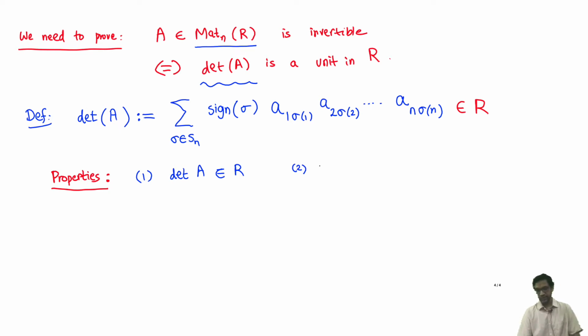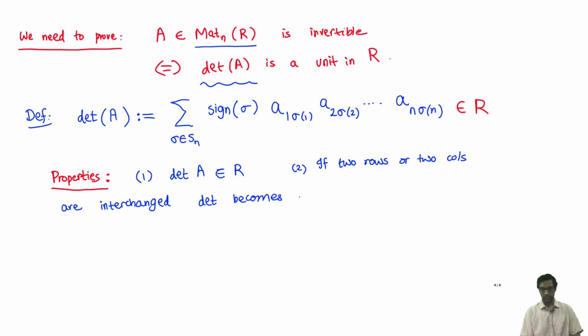Second property: if two rows or two columns are interchanged, the value becomes negative, minus the original determinant. That's the second property.